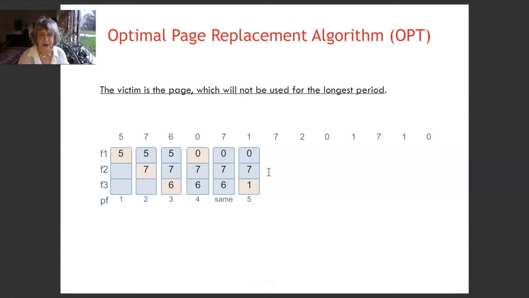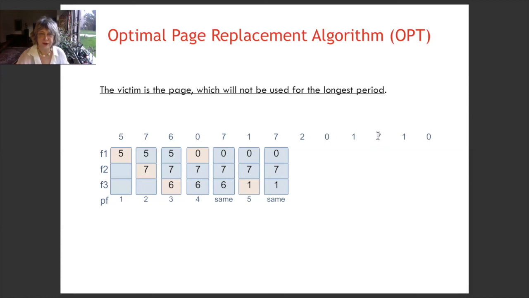Then comes a reference to page 7. It's already in the memory. So there is no change in the memory content and there is no page fault. Then comes a reference to page 2. And we are going to choose one of these as the victim. The reference to 0 is here, 7 is there, and 1 is here.